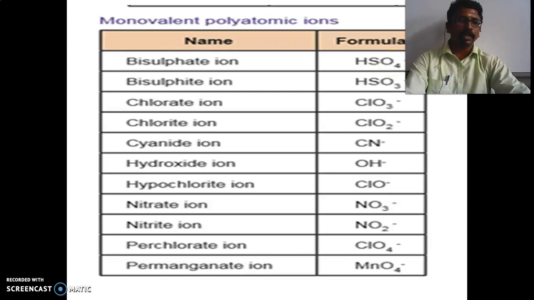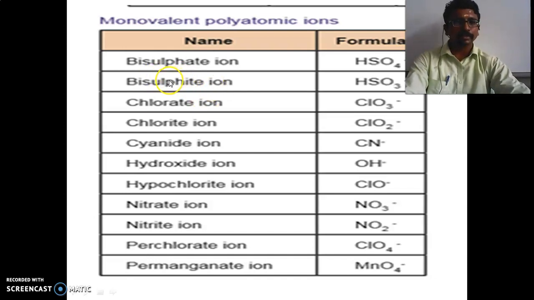Bisulfate, HSO4-. Sulfate, the ATE form, has the formula SO4 2-. The valency of sulfate is 2. Bisulfate means H plus sulfate SO4, and the valency is minus.